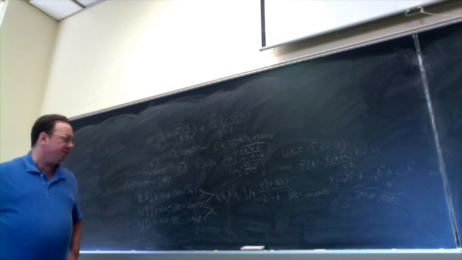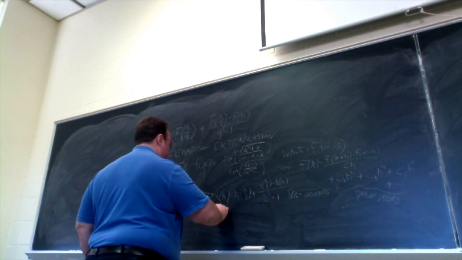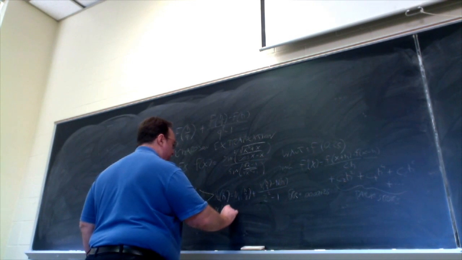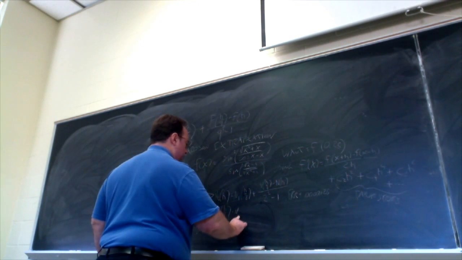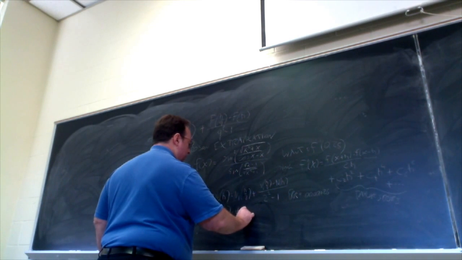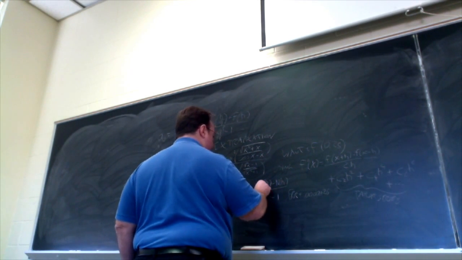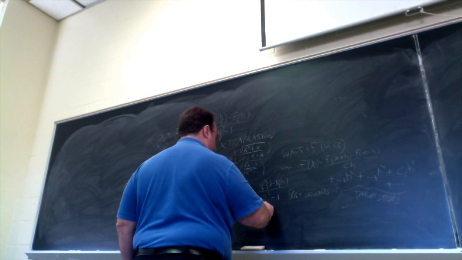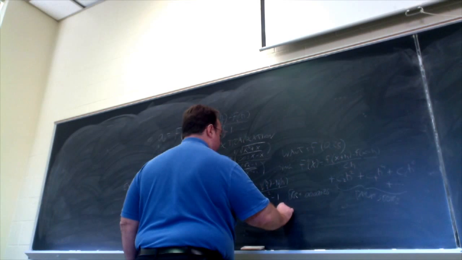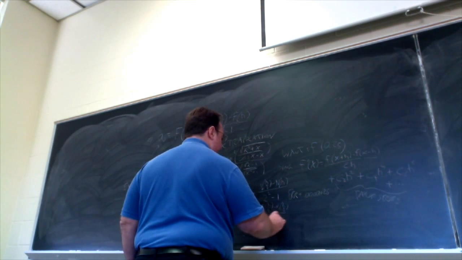Now I extrapolate between these two. It didn't take much extra work. So I have N2 of h over 2, combining the h over 2 and h over 4 approximations. This is N1 up here: N1 of h over 4 plus N1 of h over 4 minus N1 of h over 2, over 3.